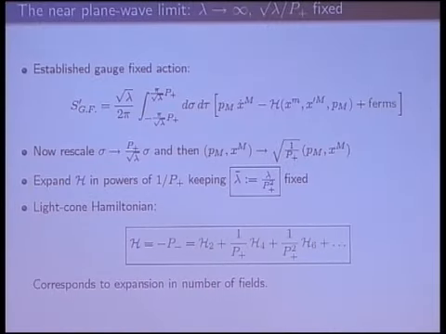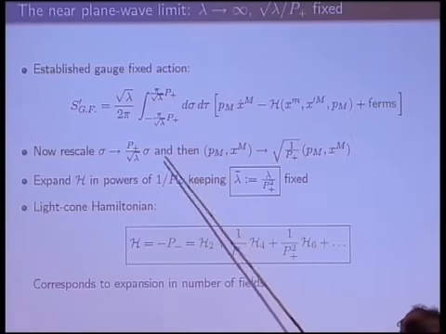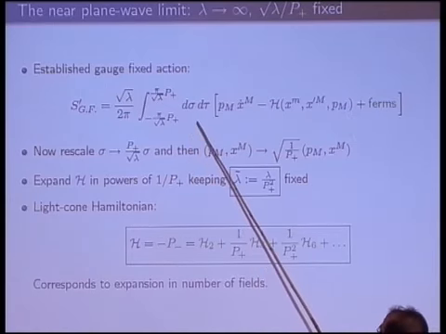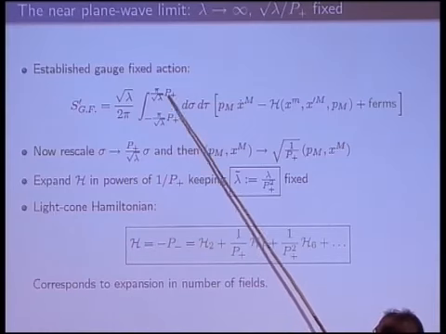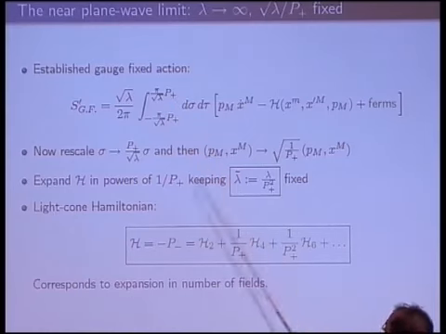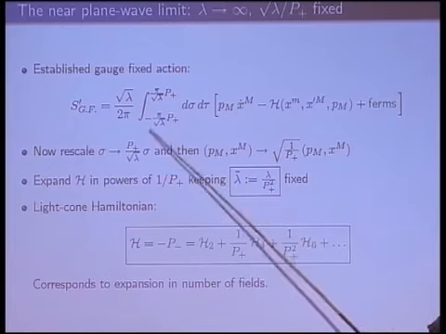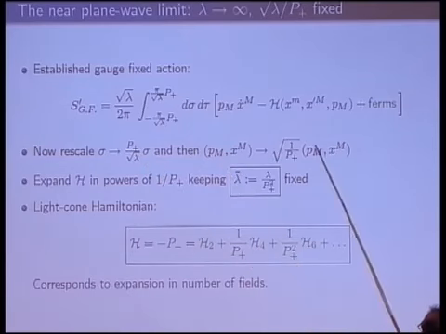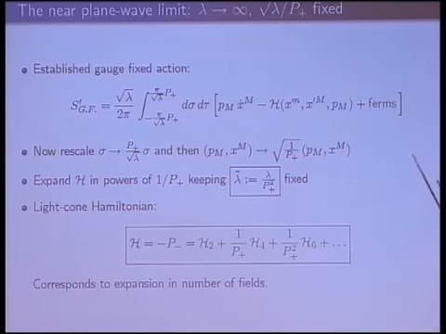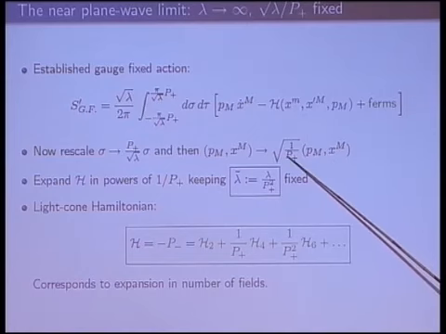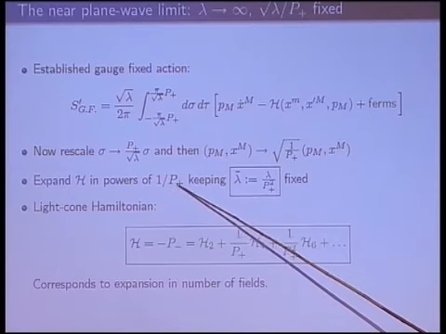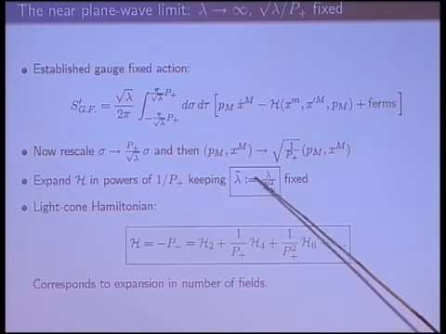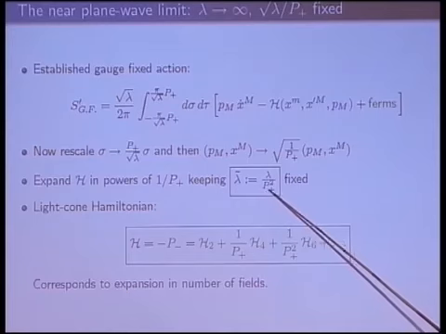So now I do a bunch of rescalings in order to bring, first of all, these boundaries here to a standard form, just running from minus pi to pi by rescaling sigma, and then I also rescale the fields p and x by p plus, and then take the large p plus limit by keeping this combination lambda over p plus squared fixed.